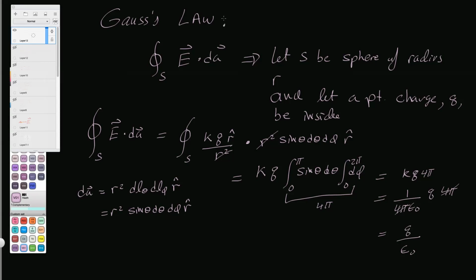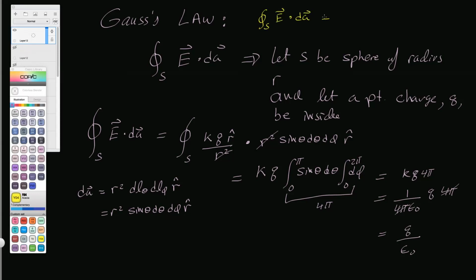So Gauss's law, if we write it up here now, is that the integral around a closed surface of E dot dA is equal to Q enclosed over epsilon naught. I should say Q enclosed, because you calculate the net by figuring out what's enclosed.